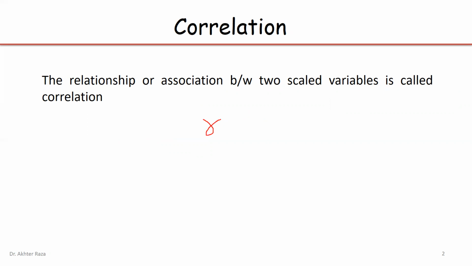It is represented by R. Sample correlation is represented by R, and population correlation is represented by the letter rho. Rho is a parameter because it is a population constant, and R is an estimate, a point estimate.